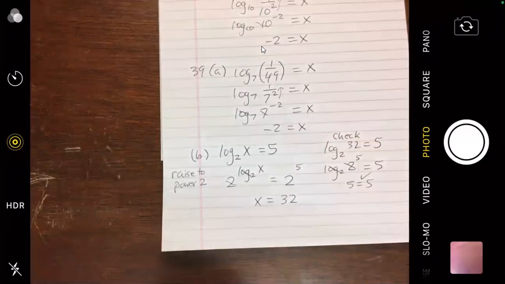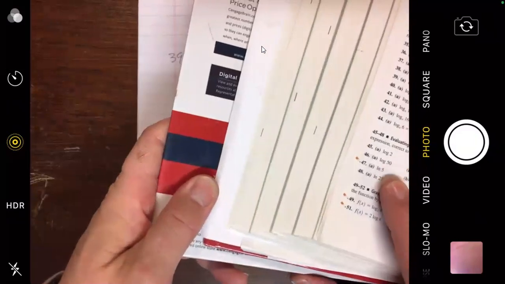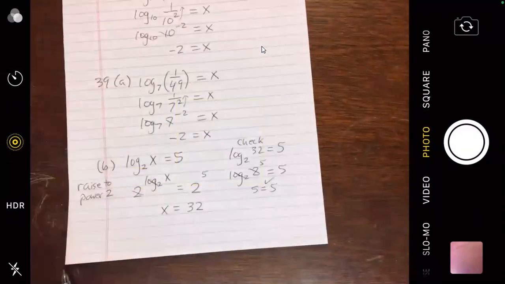All right, now 45 and 47 are intended to be super easy problems. They're just calculator punches. They give you nothing in 45 and 47, this whole section, but LOG and LN, and those are on your calculator. So, page 388.